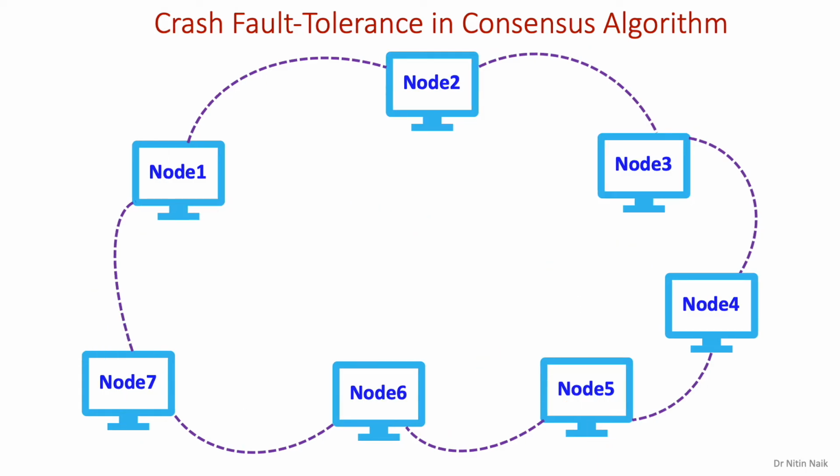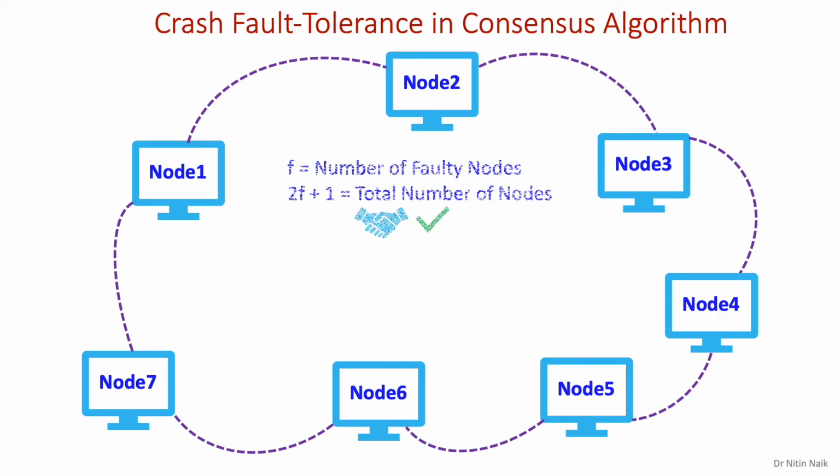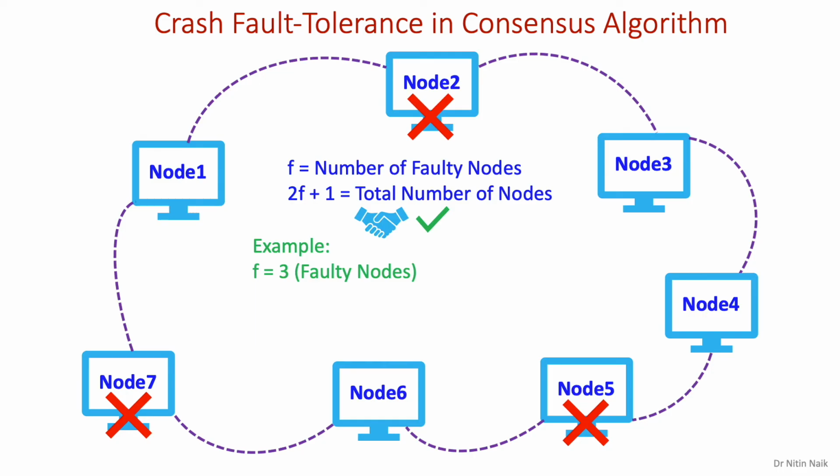Let's look at the crash fault tolerance process. If a consensus algorithm is resilient against crash faults, then it can normally reach a consensus in the event of f faulty nodes if the total number of nodes is 2f plus 1 or greater. Let's have a look at an example. If f equals 3, meaning 3 faulty nodes in the system, then we need 2f plus 1 total nodes.